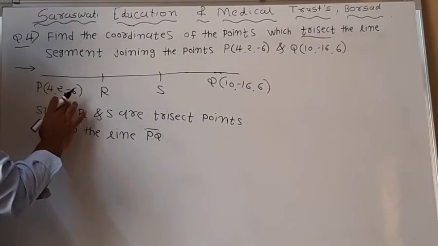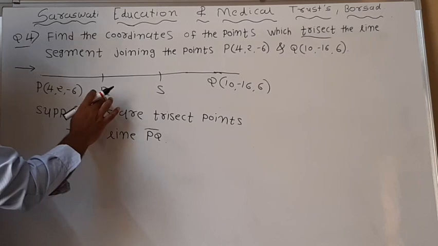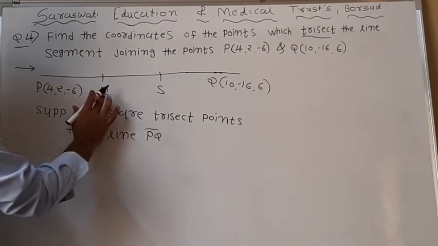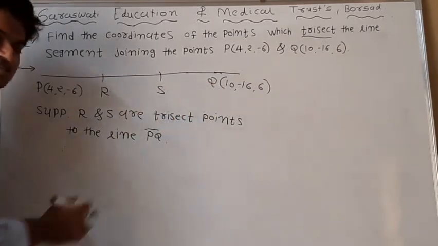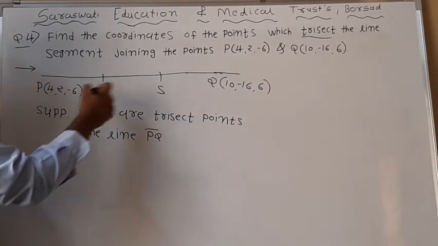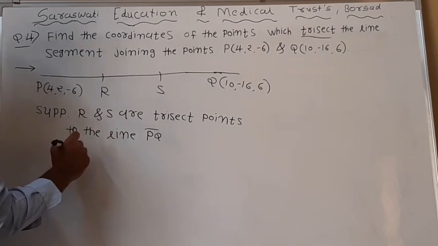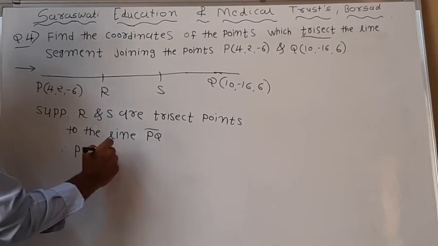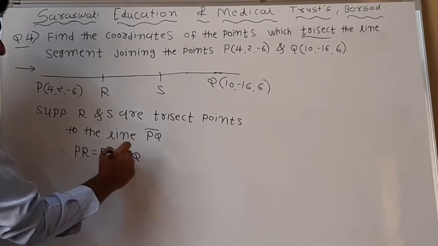Now that means the distance of PR, the distance of RS and the distance of SQ, all these three distances are equal. So therefore we write PR is equal to RS is equal to SQ.